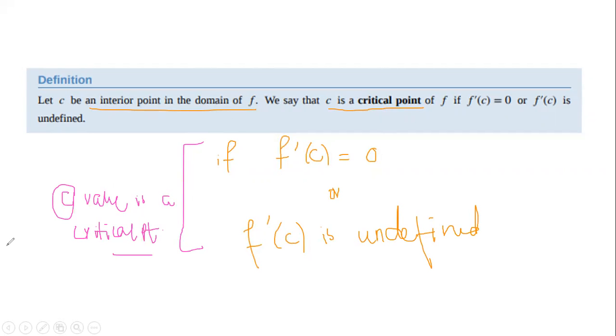So these two are basically the cases when the value c is a critical point of the function.